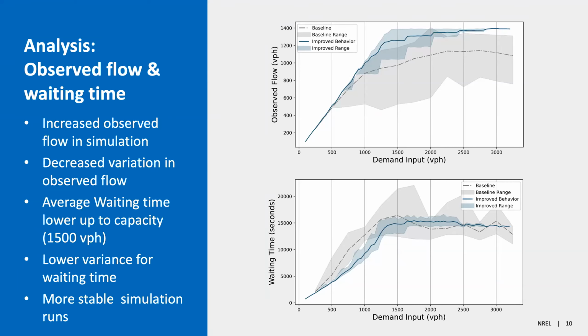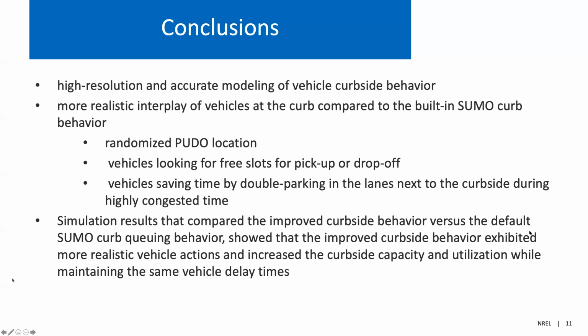So with all of this, we can conclude that we improved the capacity, which is what we're trying to get at for our larger simulations of DFW, to have a more realistic capacity. The main conclusions are that we have high resolution, accurate modeling for vehicle curbside behavior.